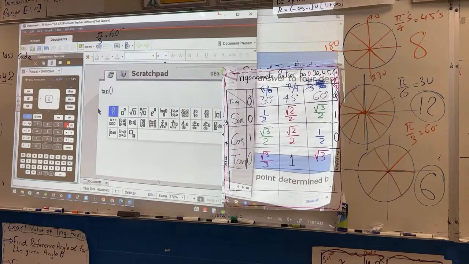Mister, I got a different answer. What did you get? I got negative 0.36397. Negative. Let me confirm one second. Just want to make sure we don't make a mistake, right?